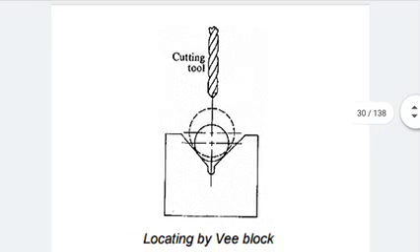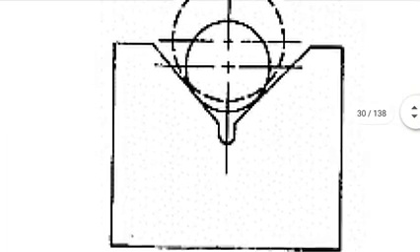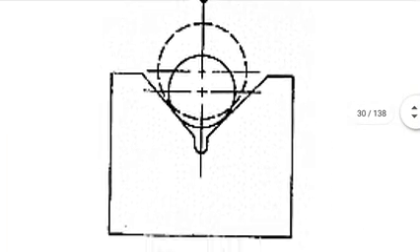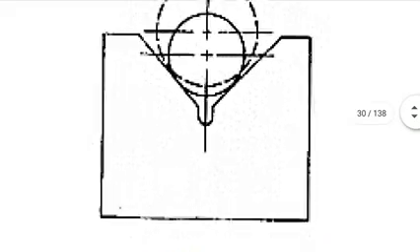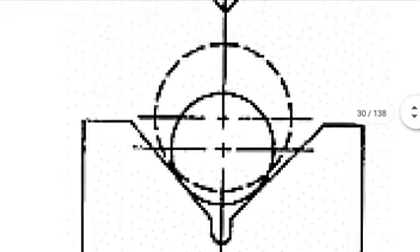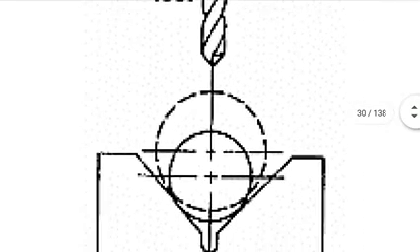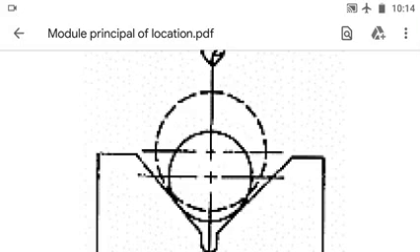So this is the ideal structure for location using a V block, where a cylindrical surface has a chance of rolling over. Therefore in the bracket of this V zone it can be fixed, and using a drill or cutting tool the machine can work accordingly.